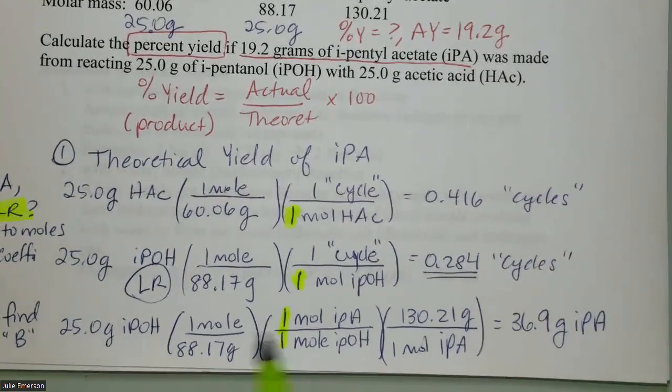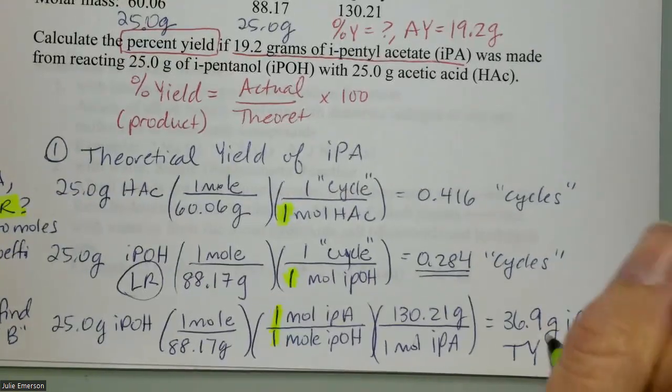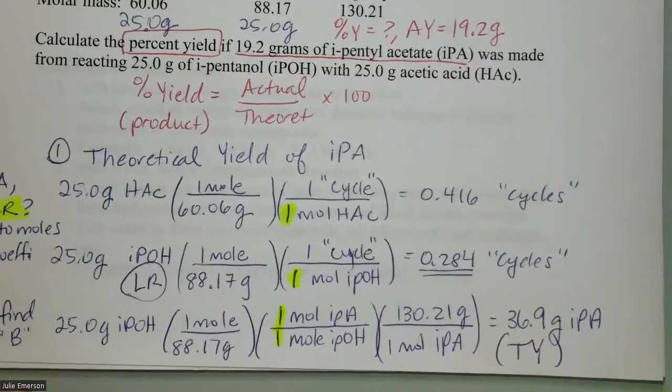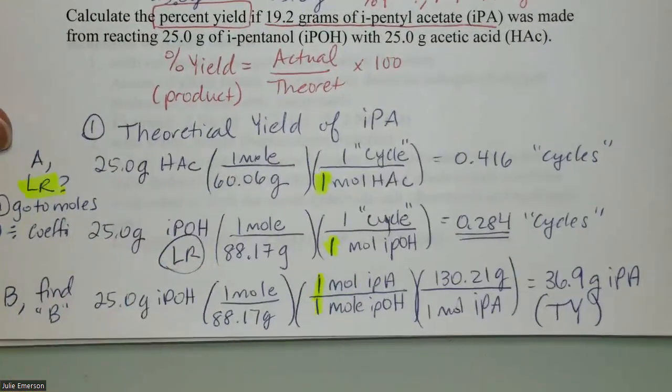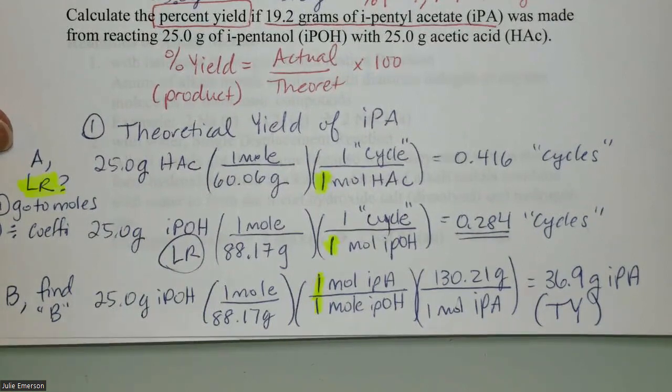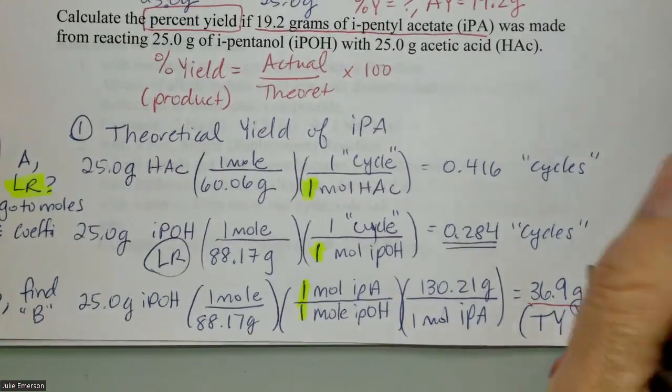Now, based on molar masses, these are perfect numbers. This is the theoretical yield. In theory, that's how much isopentyl acetate we should have been able to get based on our limiting reactant, the isopentanol.